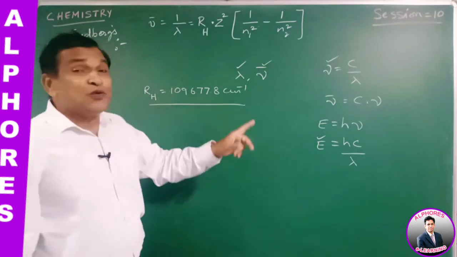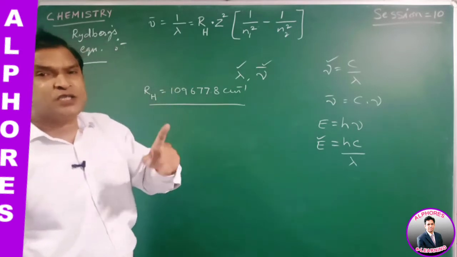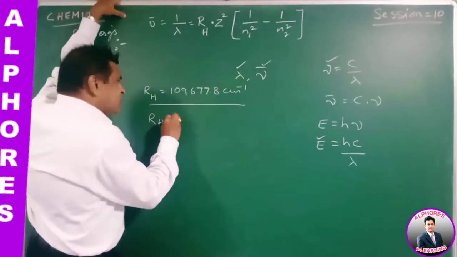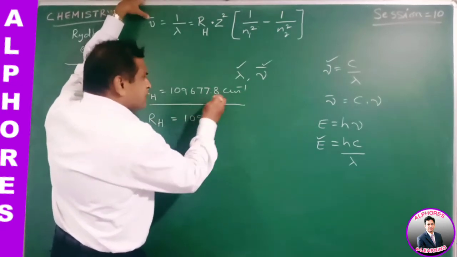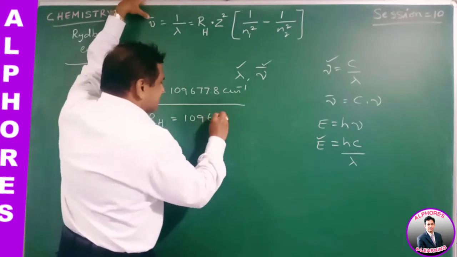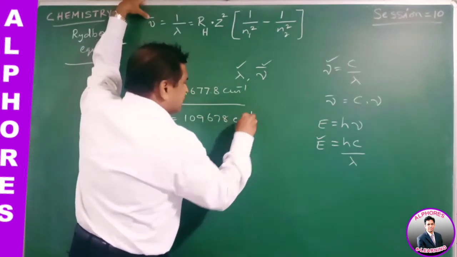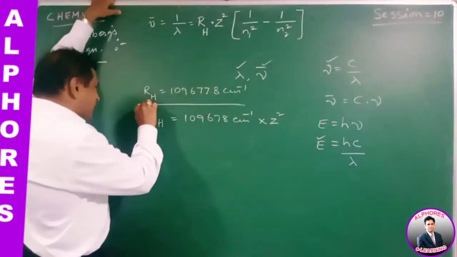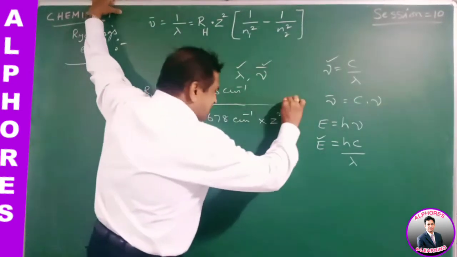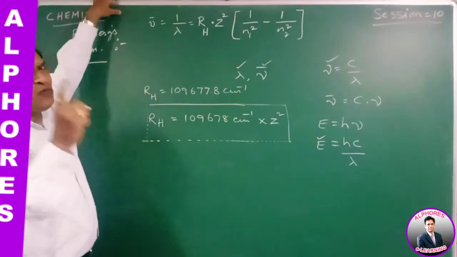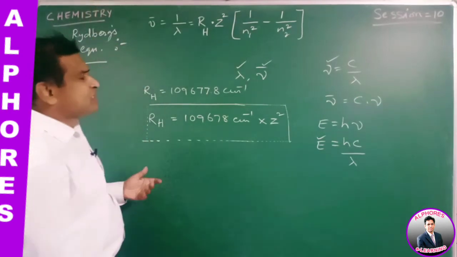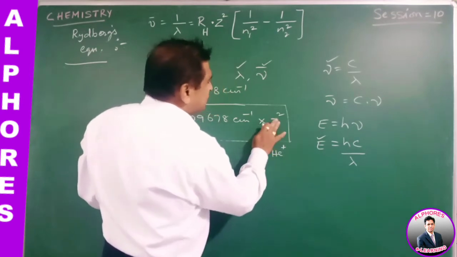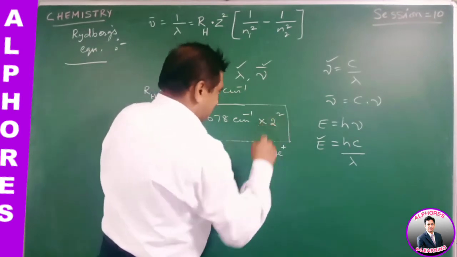Rydberg's constant value for one-electron containing species, RH, is equal to 109,678 centimeter inverse, rounded off, into Z square. We can use this for species containing one electron. Suppose it is helium plus, then helium's atomic number 2 square.